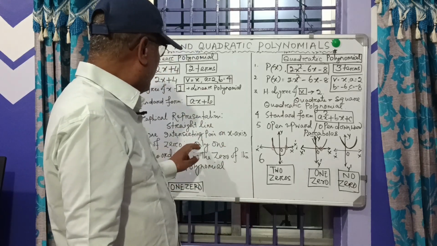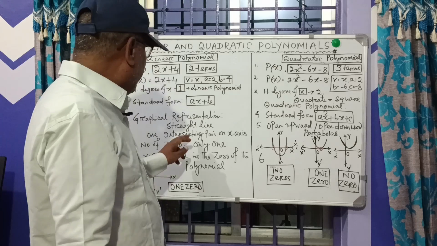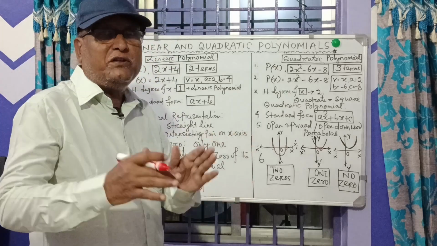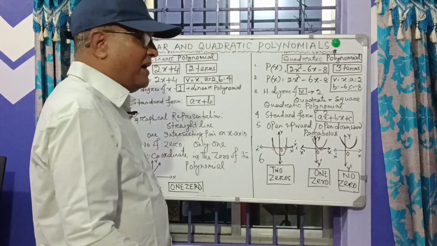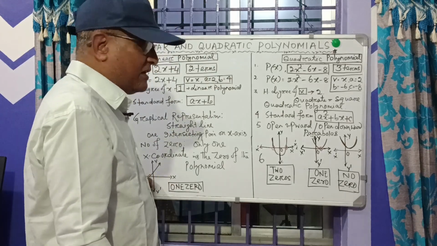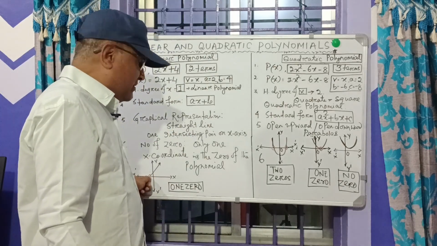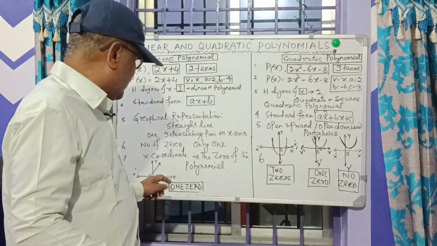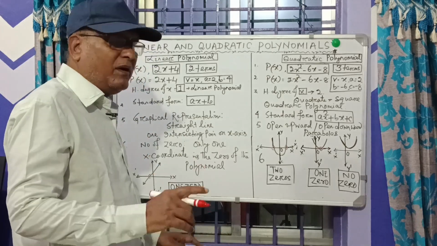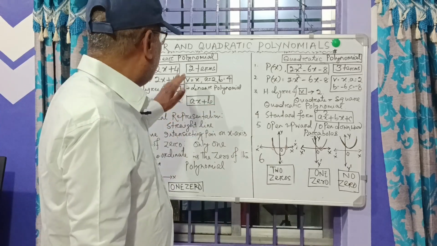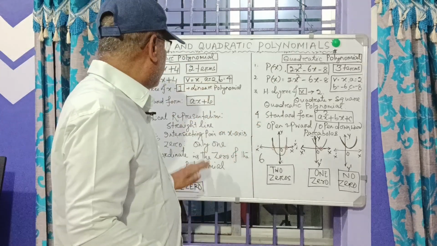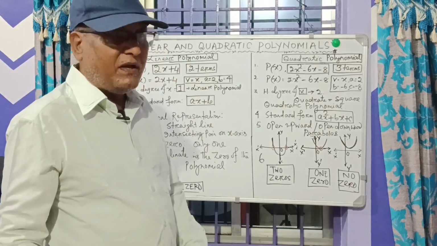So here the number of zeros is only 1, it intersects the x-axis, and the nature is a straight line. This x-coordinate is the only point on the x-axis which represents the zero of the polynomial. So these are the basic natures and characteristics of a linear polynomial.